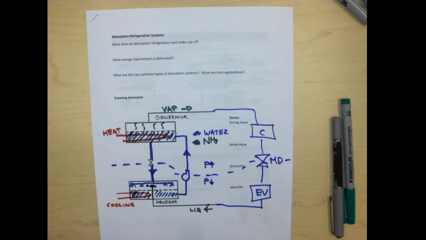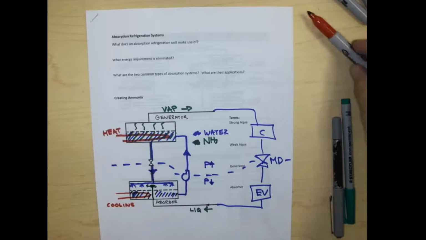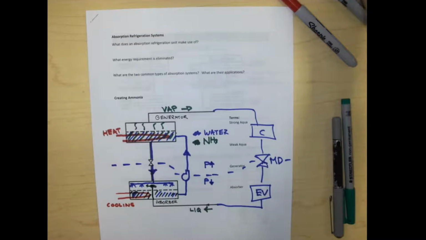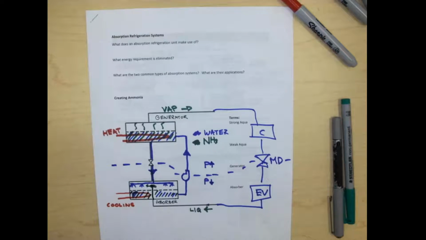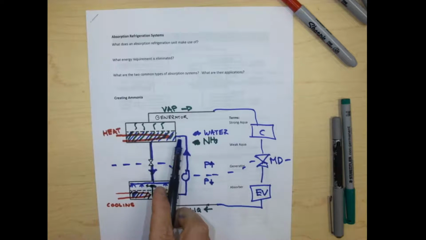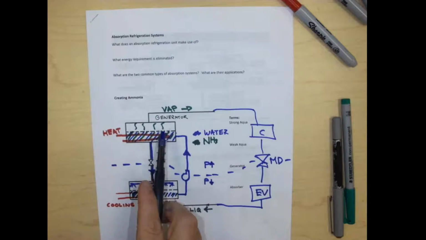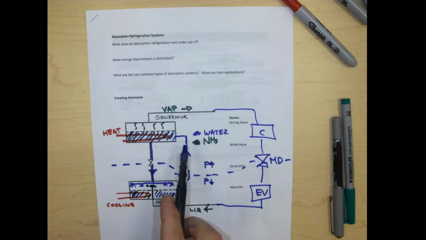I have a couple of other terms that I've included. I have what's known as strong aqua and weak aqua. Any idea where strong aqua would be? So strong aqua is going to be the one with the highest concentration of ammonia.